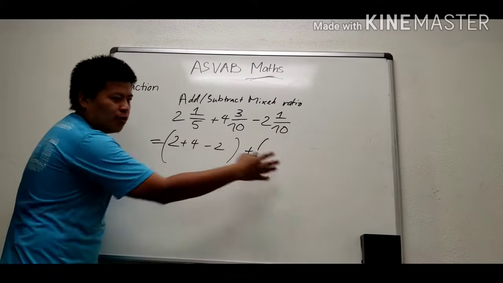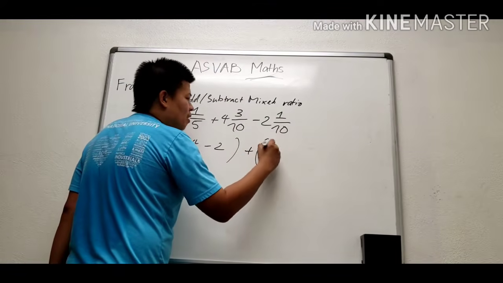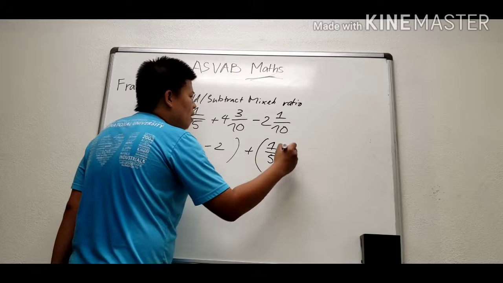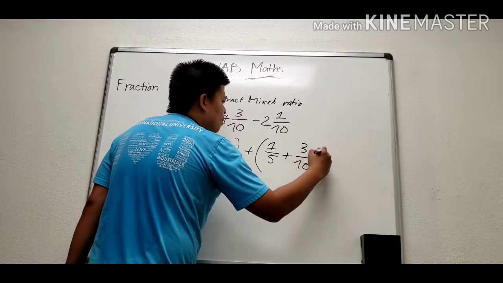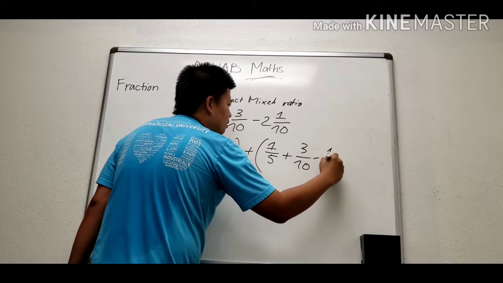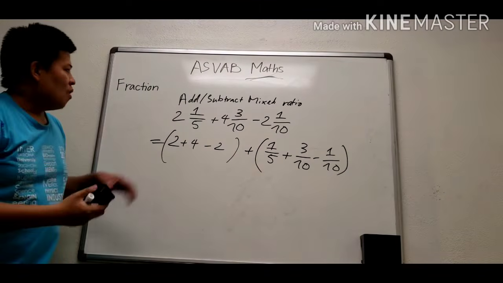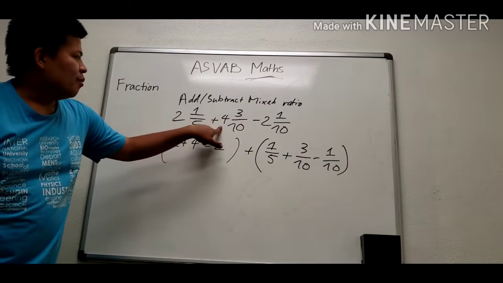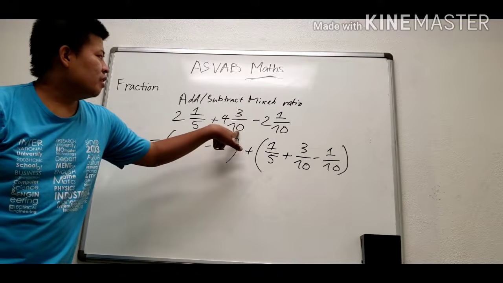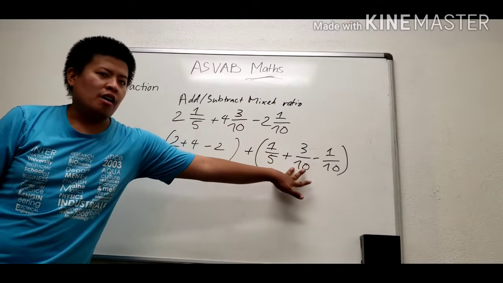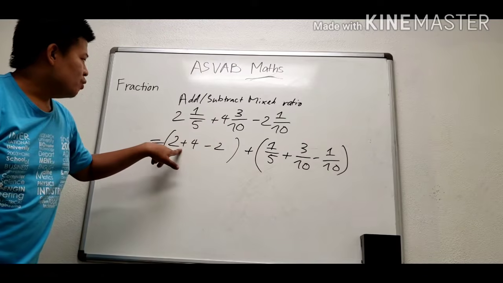About the fractions, we put them in another area. We have 1 over 5 plus 3 over 10 minus 1 over 10. So the whole numbers go in one area, and the fractions go in another area, and the sign should stay the same.